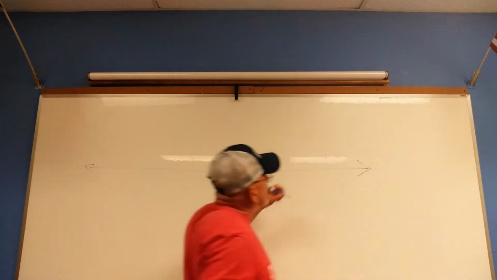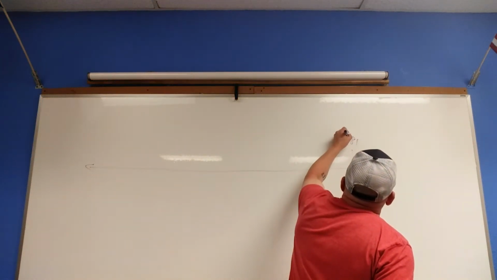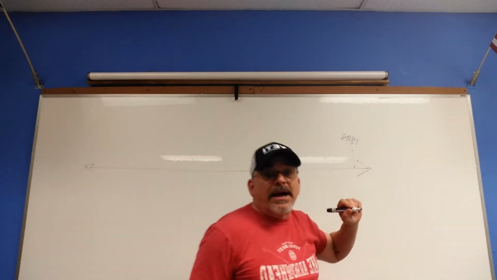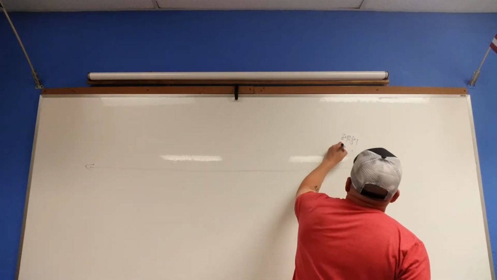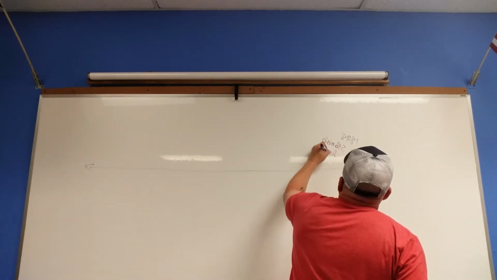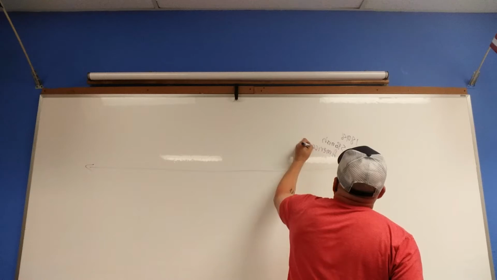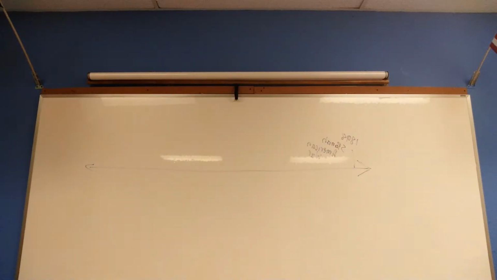Now if you recall, the first item on our timeline was 1898. Remember that? Can you see that? It's the Spanish-American War. I may have to find a better Sharpie. Let's try this one.